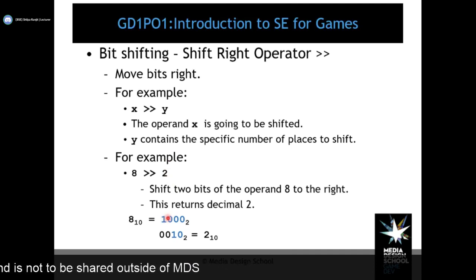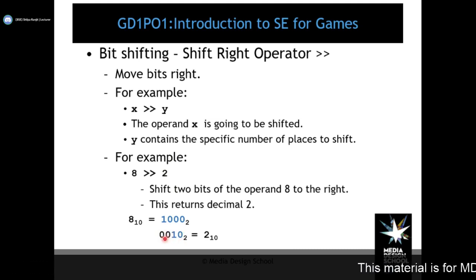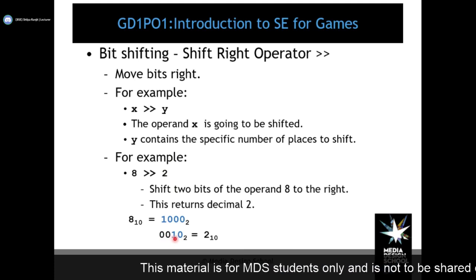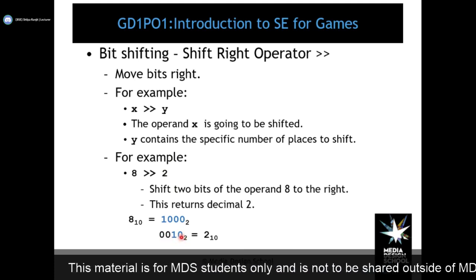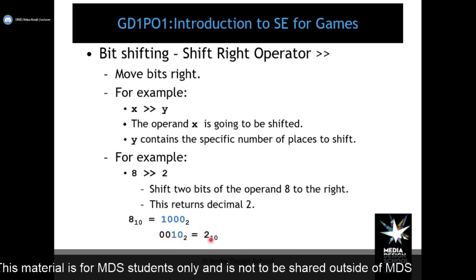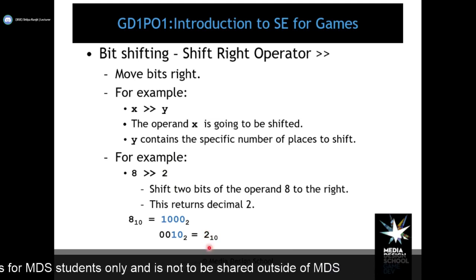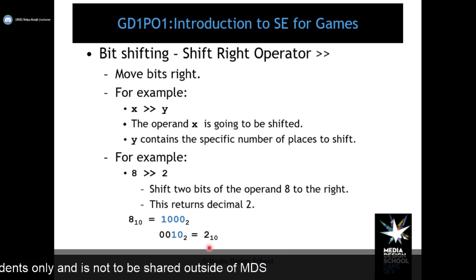So the 1 over here shifts twice to the right side, and the 10 comes to this position. All the other values over there are replaced by zeros. So your right shifted result looks like 0010, and 0010 in your decimal form would be the value 2. So that's what right shift means. Just shifting your bits by as many values as is indicated by the right hand side value.